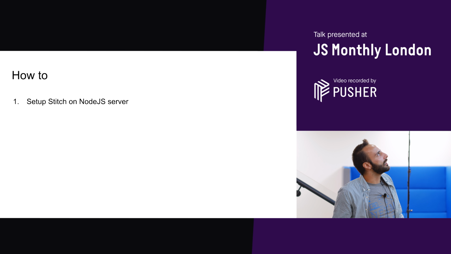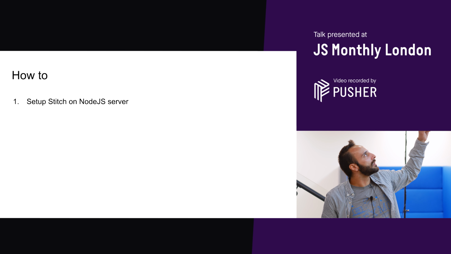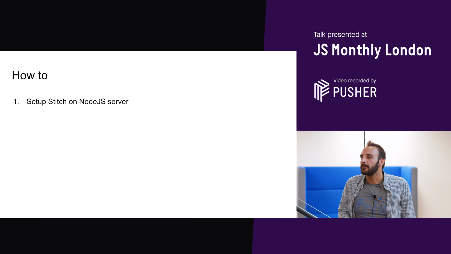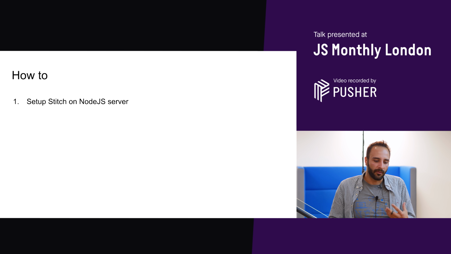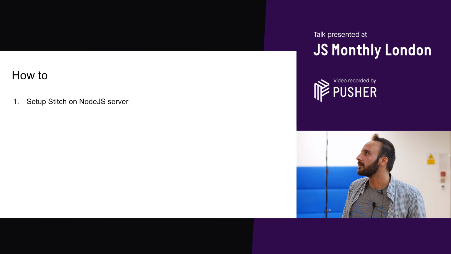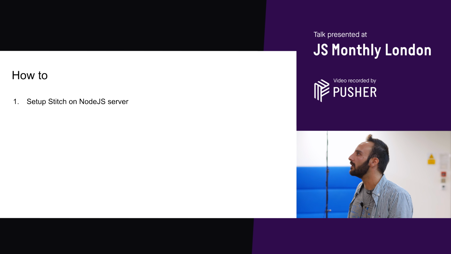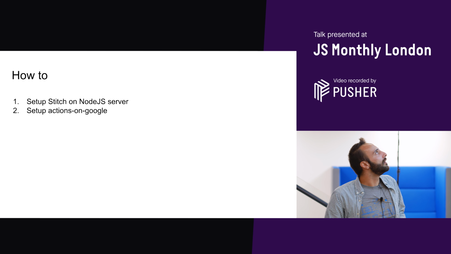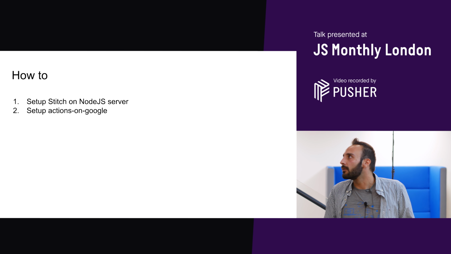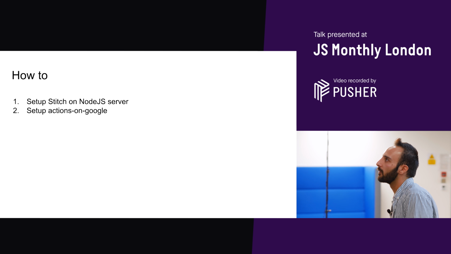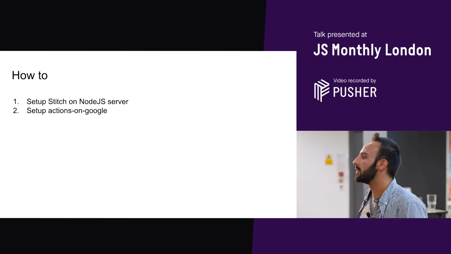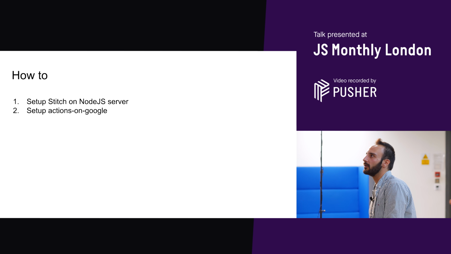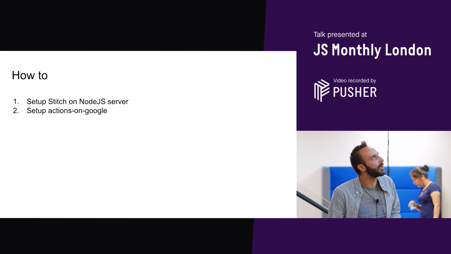The first thing we are going to see is how to set up Stitch on a Node.js server. So it's like the backend, or the very bare minimum of the conversation platform that they have on their website. So this is the conversation side of it. Then we are going to set up Actions on Google, which is the SDK equivalent for Google, which gives you access to your agent, the agent that you build in your Google dashboard.